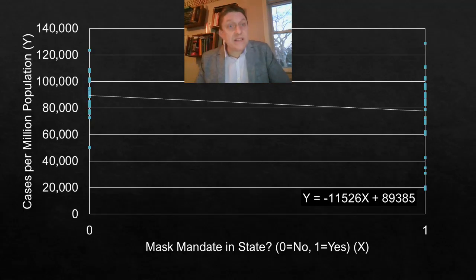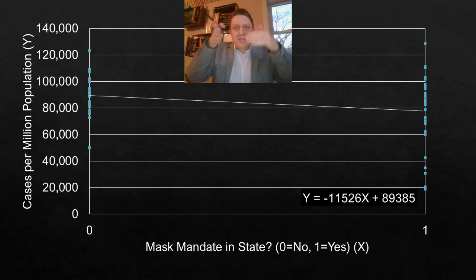Well, what do we say about the states that do have mask mandates? Well, again, the equation tells us what to do, and so does, by the way, that drawn line. The other piece, we're going to take 89,385 and we're going to add on whatever negative 11,526 times x is. Well, when the answer is yes, the mask mandate variable was coded as 1. And that's great. That's super math magic because any number times 1 is itself.